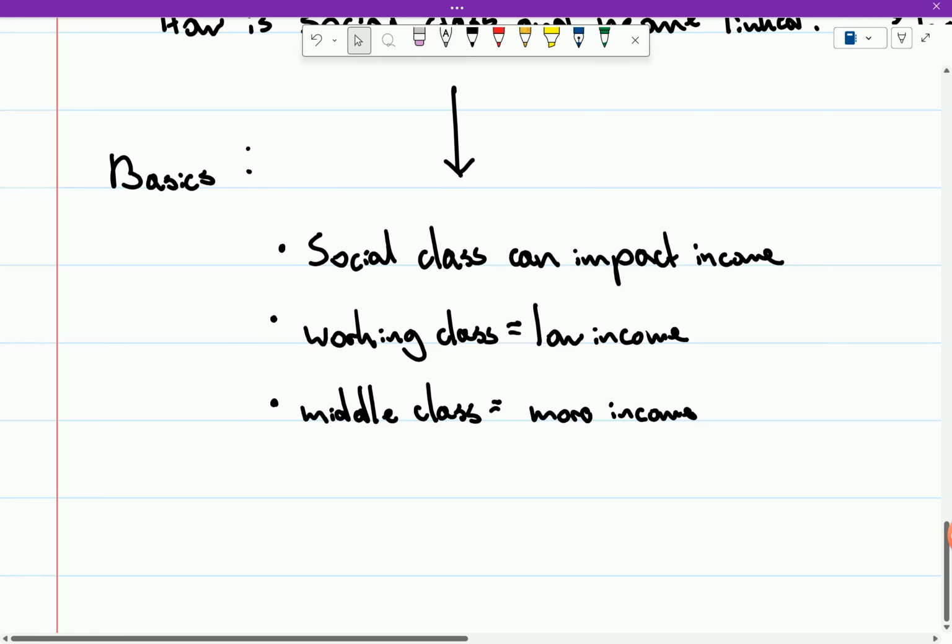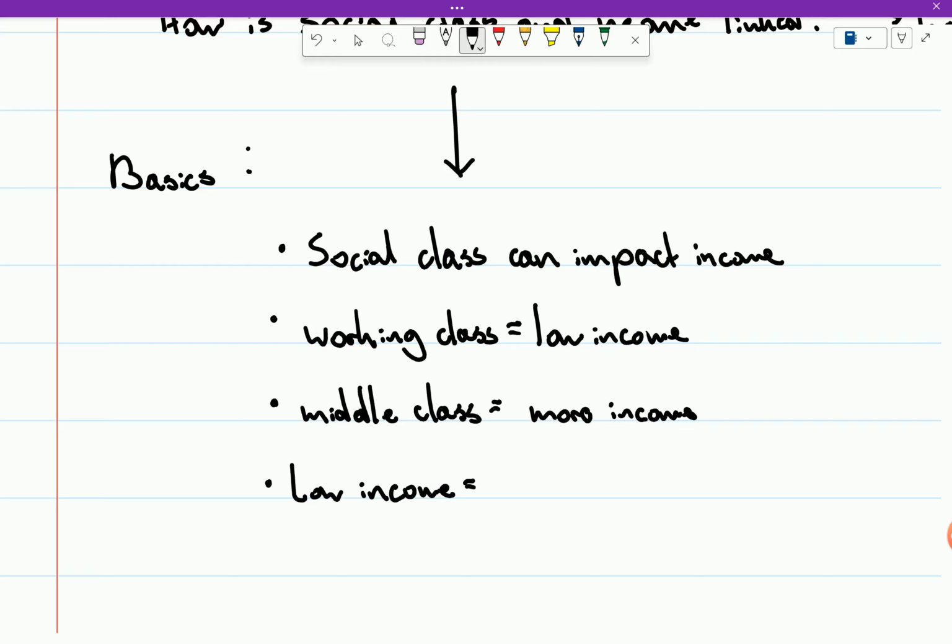So, if working class have lower amounts of income, how does that relate to consumption? Are you going to have more money for consumption or less? Well, typically, what that will look like is less money for consumption.